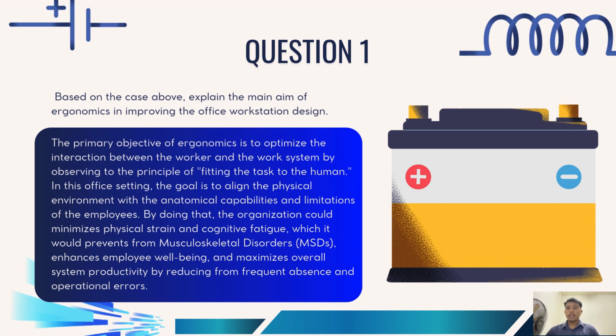By doing that, the organization could minimize physical strain and cognitive fatigue, which would prevent musculoskeletal disorders, and it could enhance employee well-being and maximize overall system productivity by reducing frequent absence and operational errors.